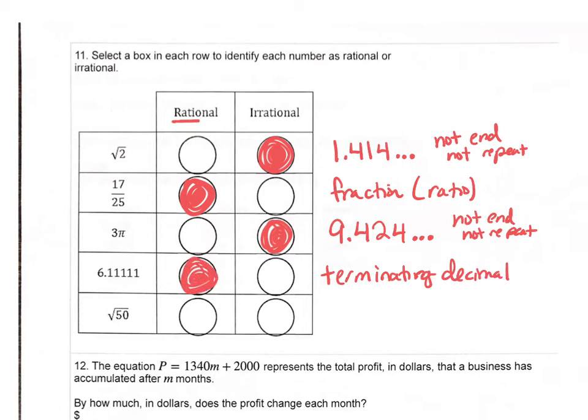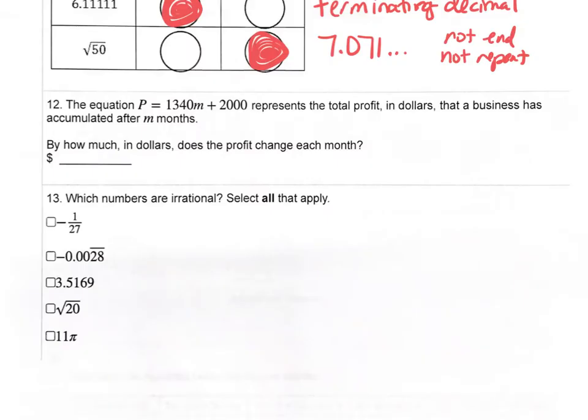Square root of 50 is a decimal, 7.071 ... It does not end. It does not repeat. So it is not rational. It's an irrational number. Number 12 will not be tested. It says the equation represents the total profit in dollars that a business has accumulated after M months. By how much in dollars does the profit change each month?